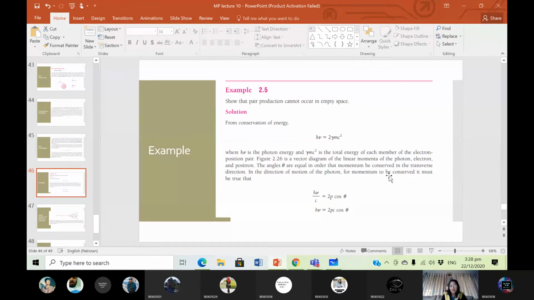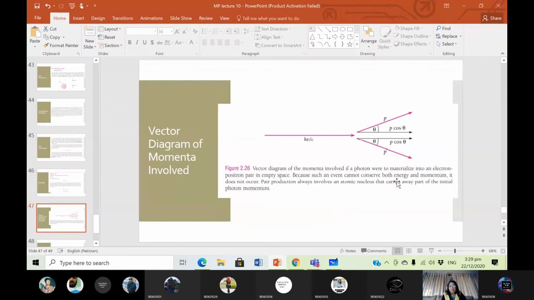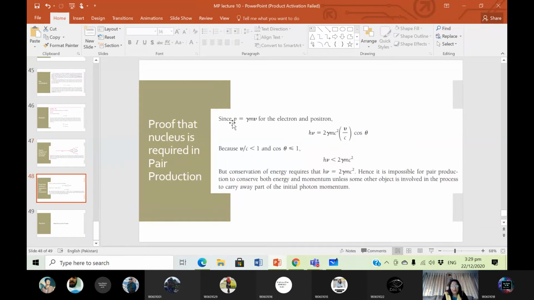The angles theta are equal so that momentum is conserved. Multiplying this equation throughout by c, we get h nu equals 2pc cos theta. So this is our vector diagram.